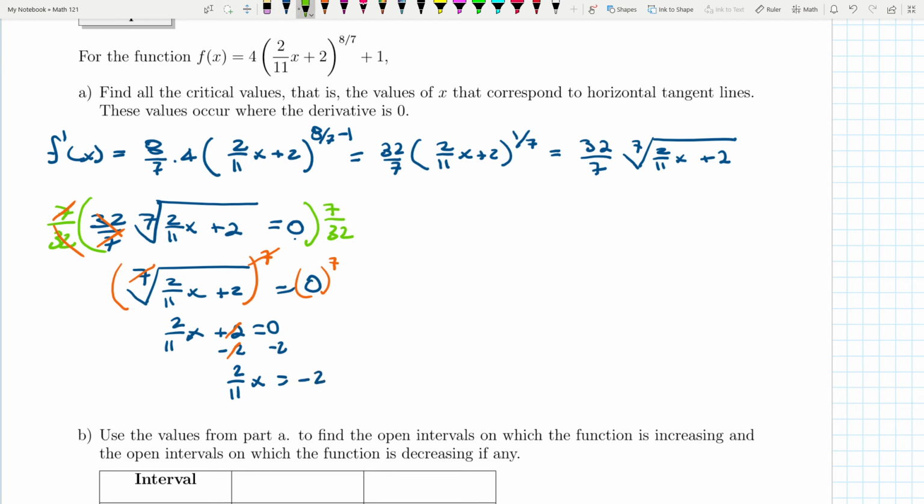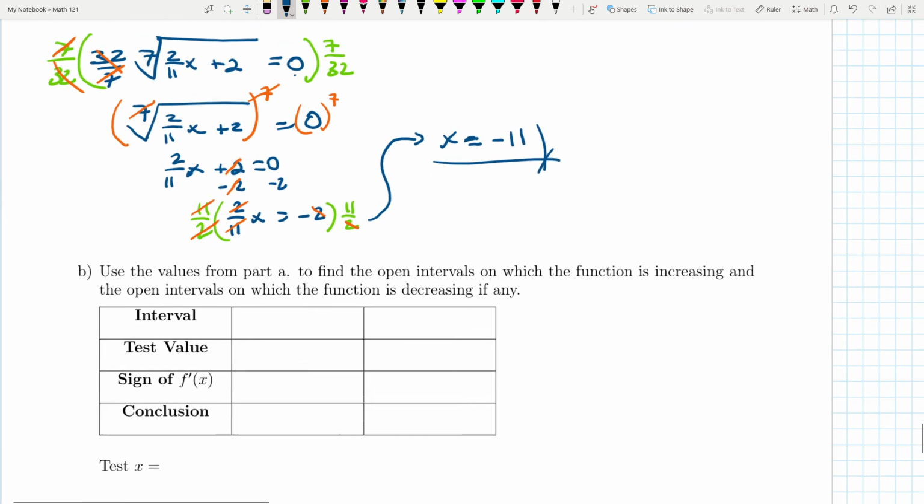Multiplying both sides by 11 over 2 cancels these coefficients, and notice how these 2's also get canceled, and our critical value will be x equals 11 times the negative, which is negative 11. So that's our critical value. Only one critical value. That's really nice.